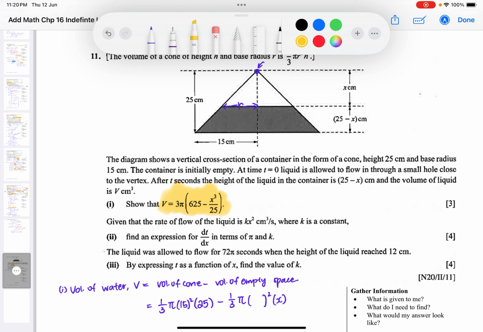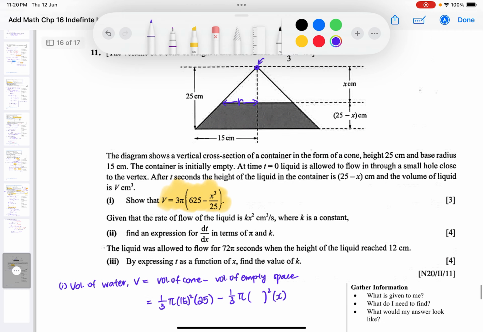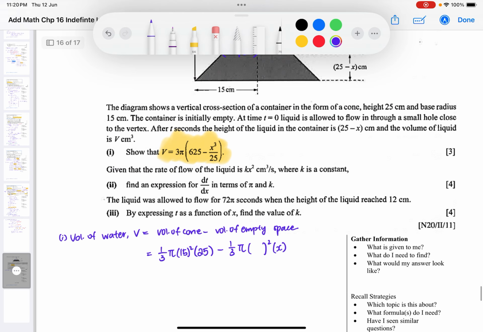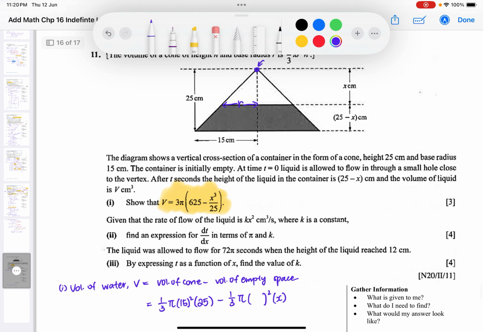So this gives you that idea of, oh, I need to find an expression for radius, in this case the radius of the empty space, in terms of x. So what other concepts have you learned before that can help you solve this question? What other topics have I learned before?